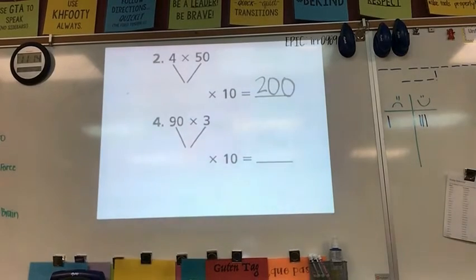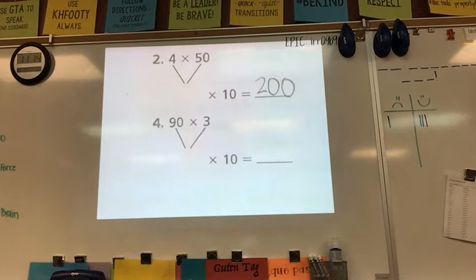Tegan, 90 times 3. 9 times 3 is 27 with the extra 0 gives you 270. Very good.